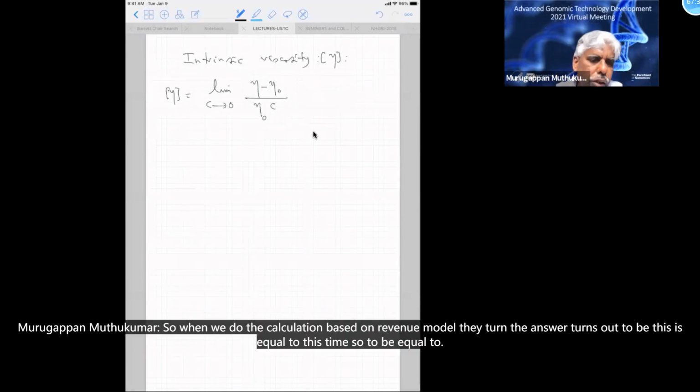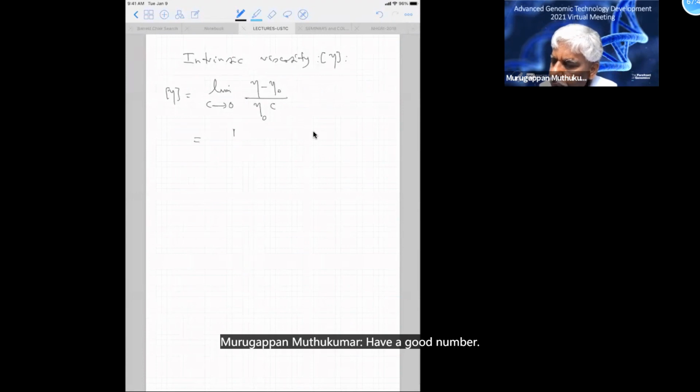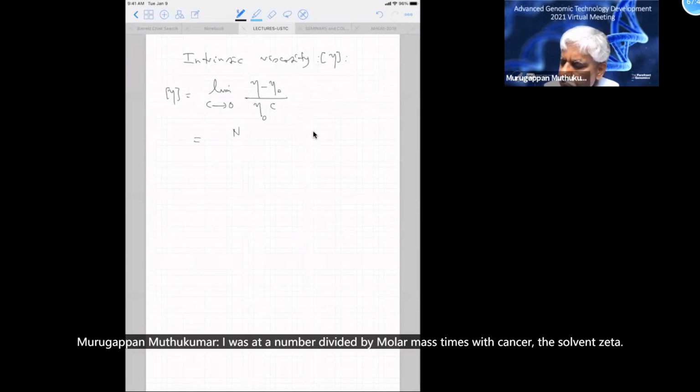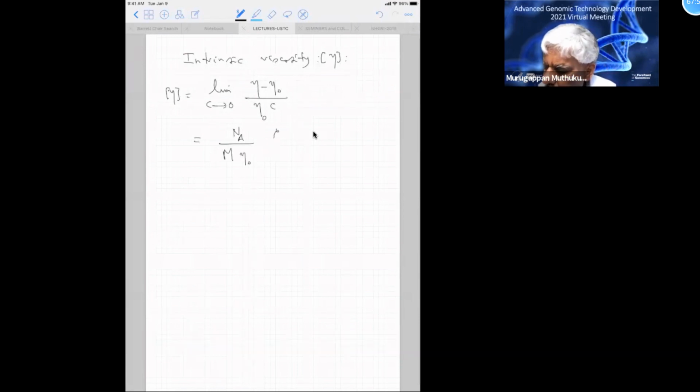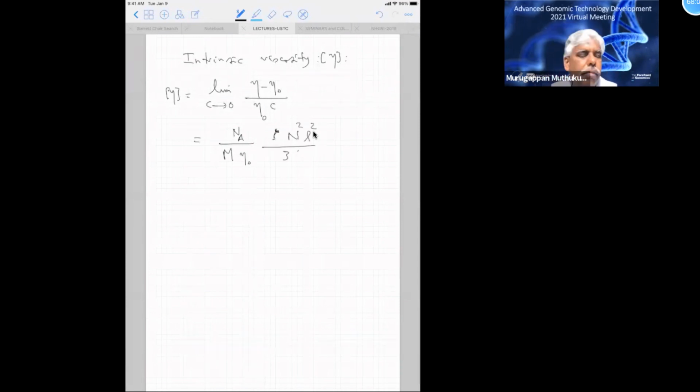When we do the calculation based on the Rouse model, the answer turns out to be equal to Avogadro number divided by molar mass times viscosity of the solvent, zeta n squared L squared divided by 36. That's the way it turns out.